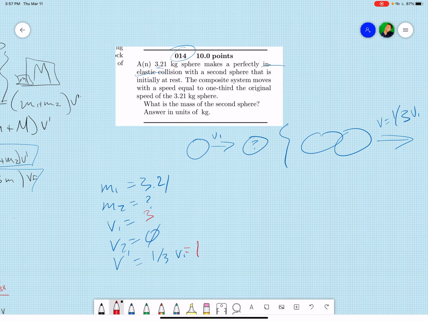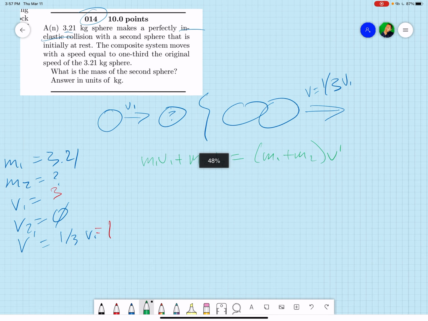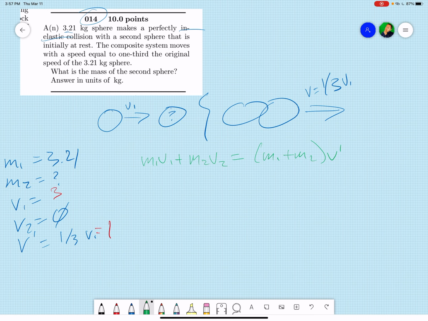That'll be easy. Okay, so then we do our equation. So we're going to have the inelastic: M1 V1 plus M2 V2 is equal to M1 plus M2 times V primed. All right, so now M2 V2 is 0, so that whole thing gets crossed out there.